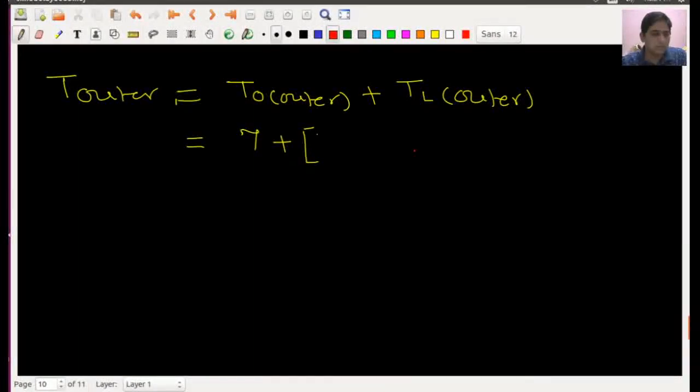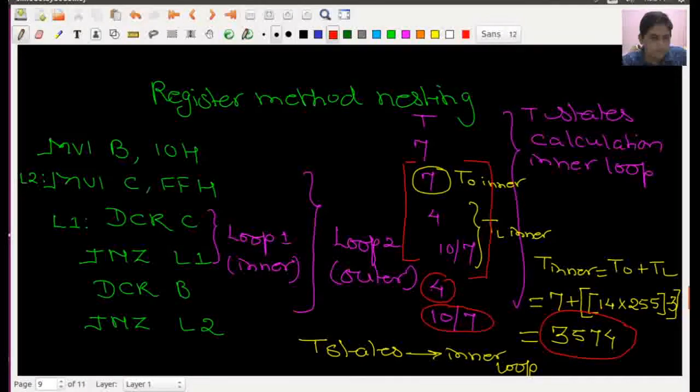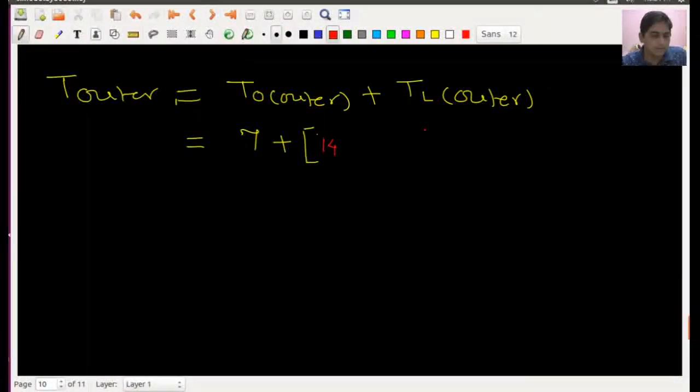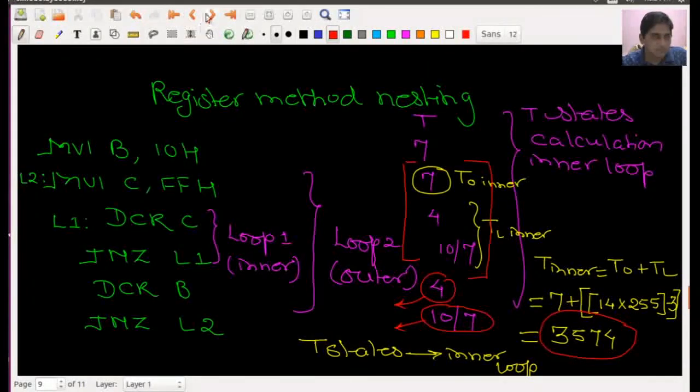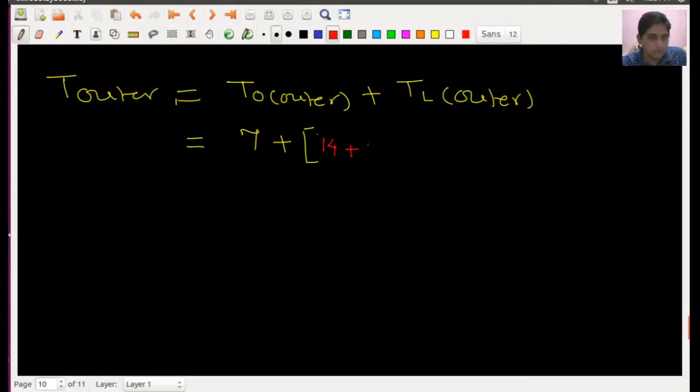So the total number of T states is 14 T states. Why 14? To remove this confusion, this is 4 and then 10 or 7. So this is 14 T states, plus the inner loop, which takes 3574 T states for one count.